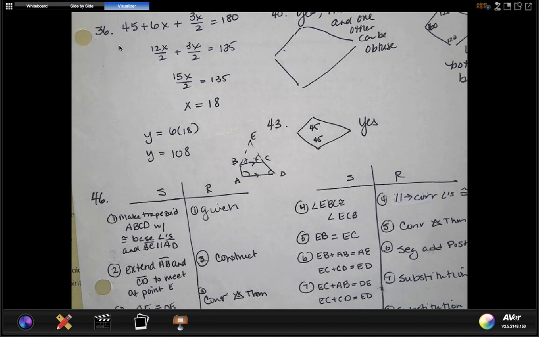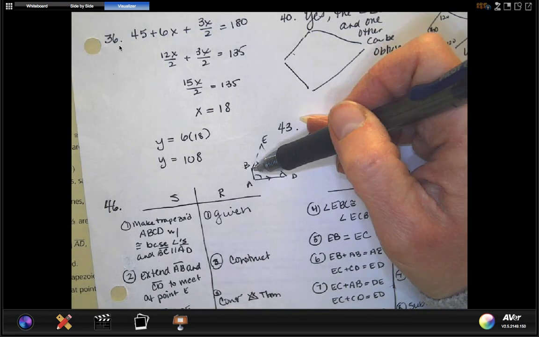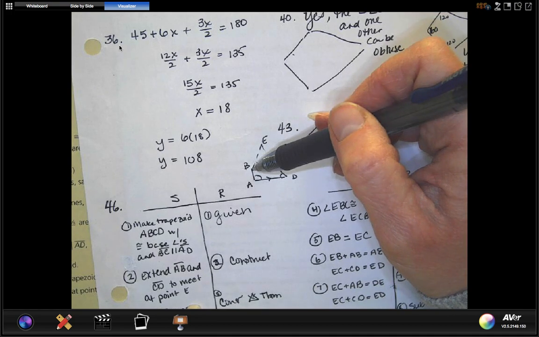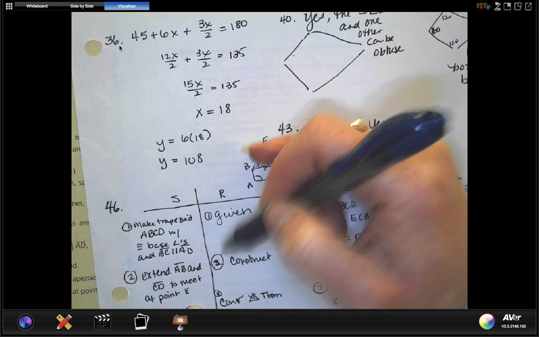You could try to slice it up and make a triangle inside, but the way this proof is done is that they put a point out here and extend AB and CD to meet at E. So I'm doing a sort of construction here.